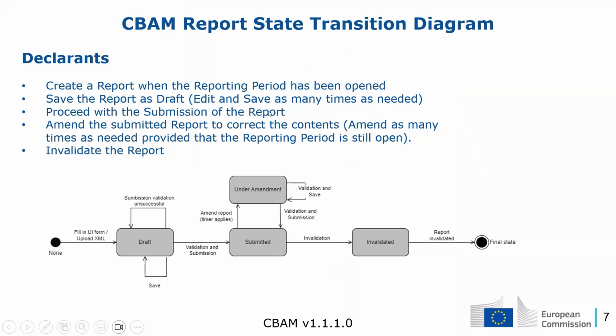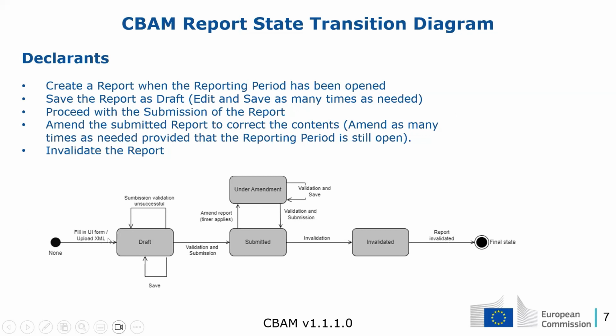This is the CBAM report state transition diagram related to the declarants. So starting from nothing, we can either fill in a report in the declarants portal manually or upload this report via the upload functionality and upload a zip file containing the XML.